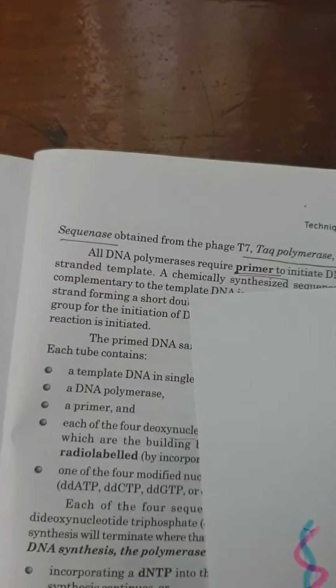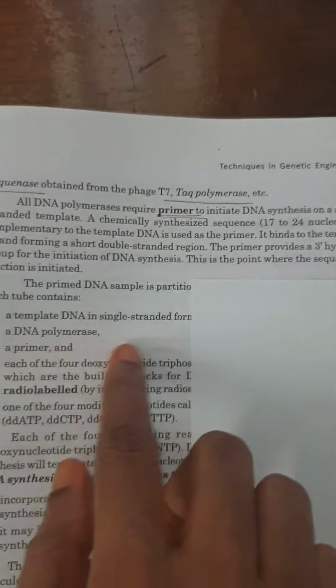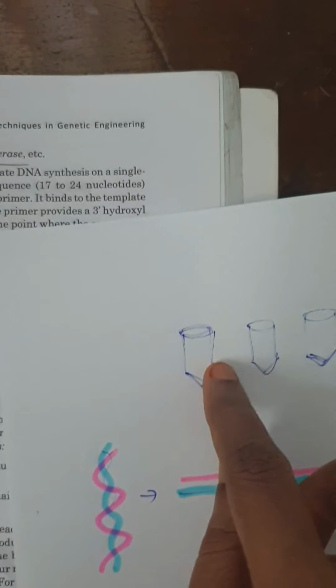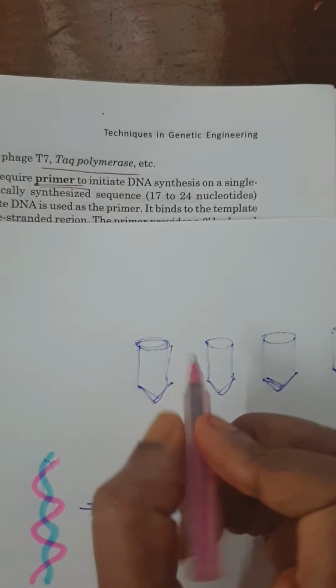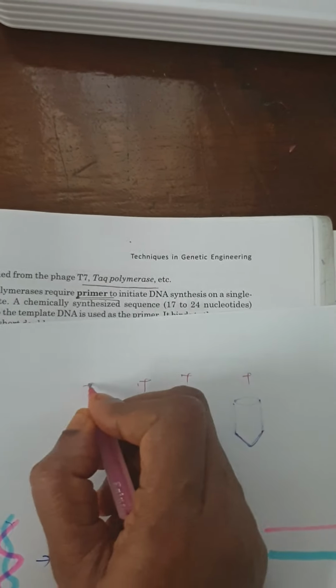So in the reaction tubes, what do we have to add? We have to add template DNA, in single stranded form, to all four reaction tubes. So we add template DNA here, here and here.